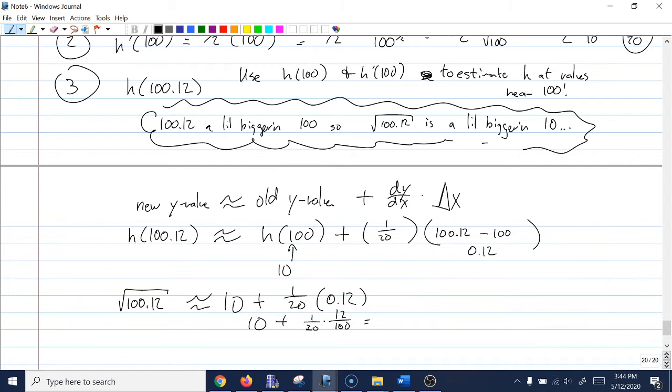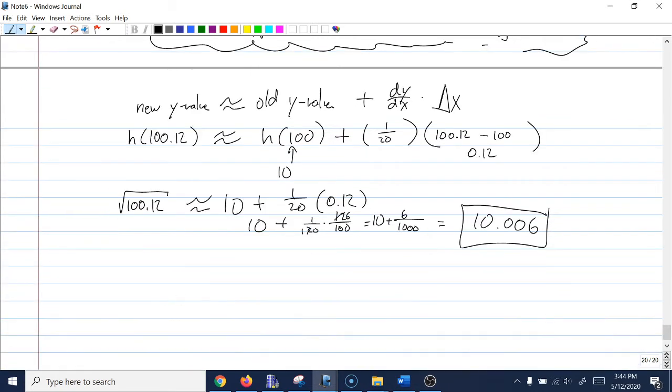Let's cancel that by 2. Let's make that 6 over 1,000, because that's a number I can rewrite as a decimal. So I'm just going to cancel the 2 here and get 6 over 10 times 100. 10 times 100 is 1,000, so this is 10.006, I think. We're working out that the square root of 100.12 is about 10.006.